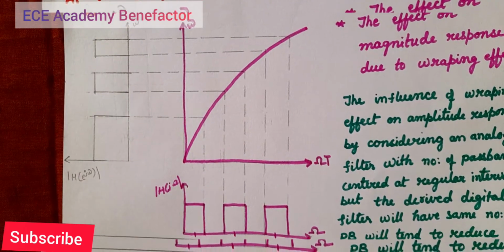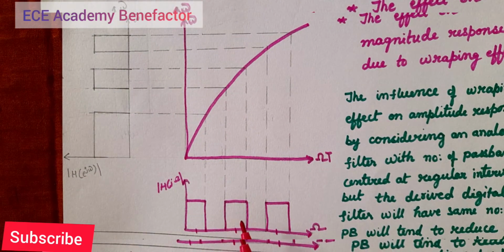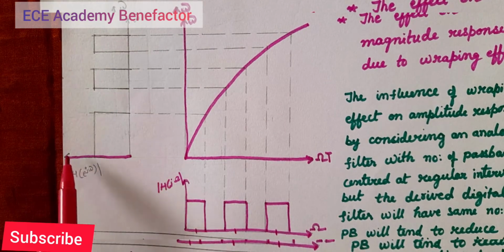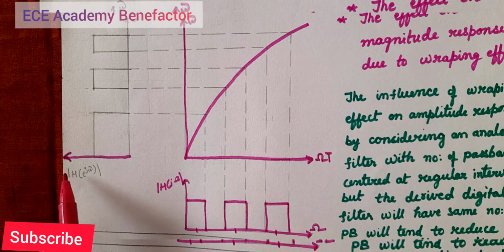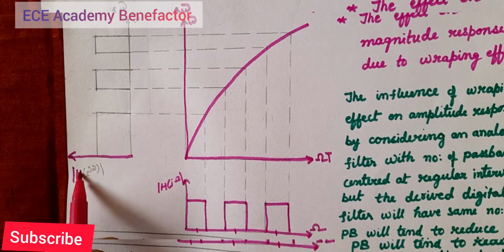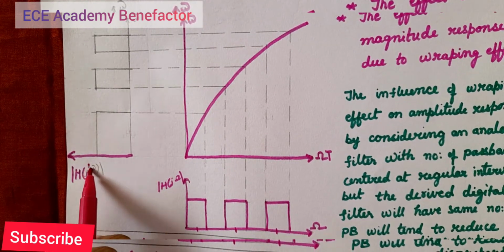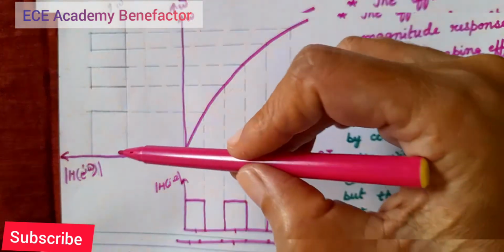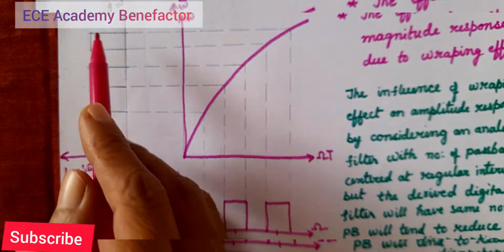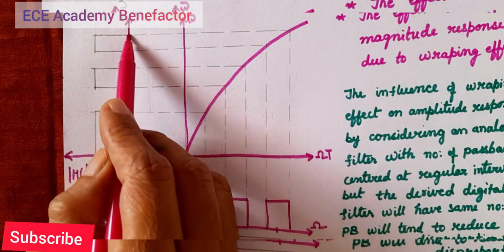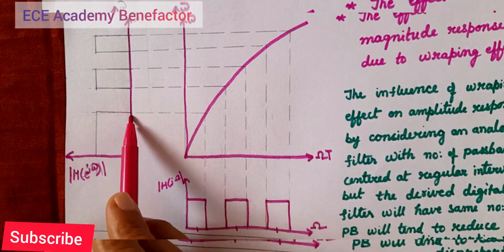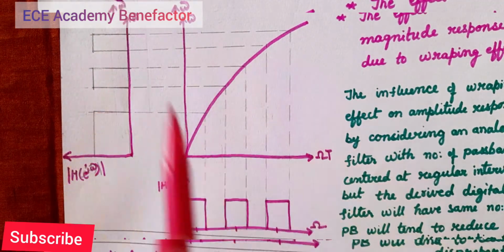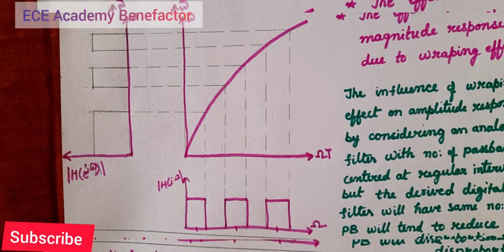Now what will be the effect of this magnitude response of the analog filter on the digital filter magnitude response? The digital filter magnitude transfer function is denoted as mod of H of e to the power of j omega versus omega. So how is it going to be mapped?